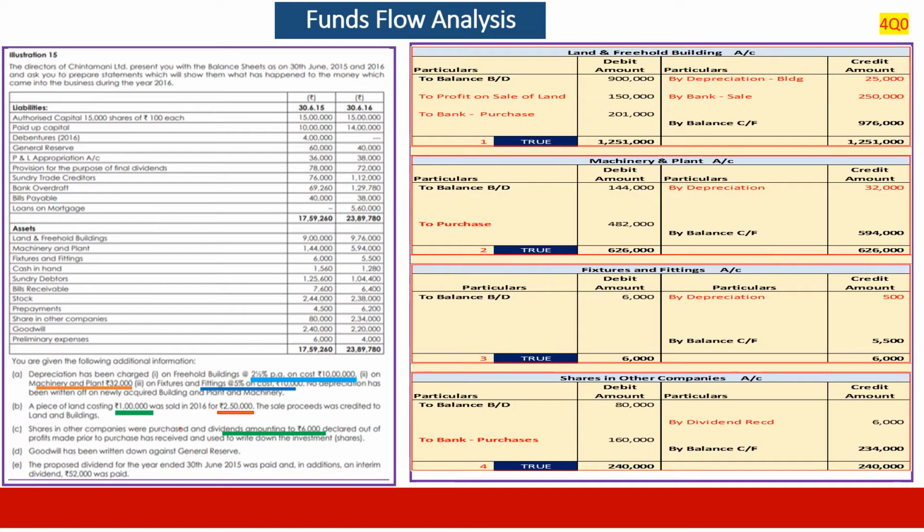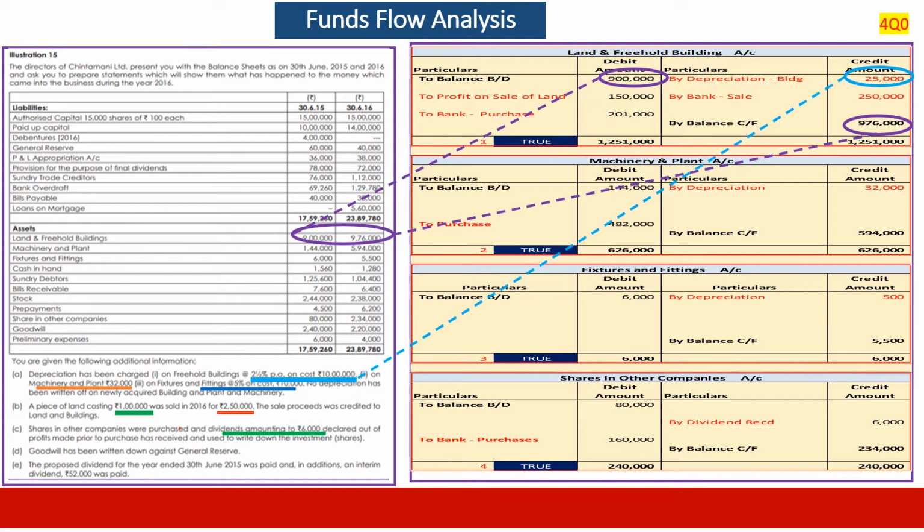Let us get into adjustment. First, let's prepare land and freehold building, 9 lakhs and 9,76,000. Depreciation 2.5% on 10 lakhs, 25,000. And the land was sold for 2,50,000 and its cost was 1 lakh, means 1,50,000 was profit.